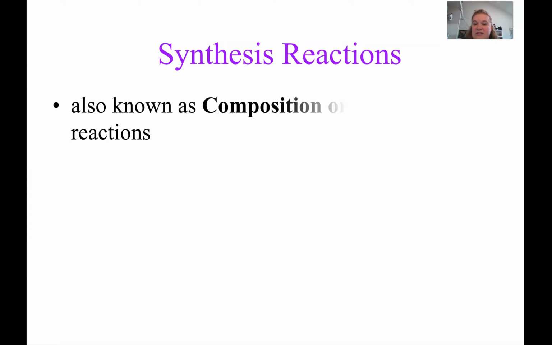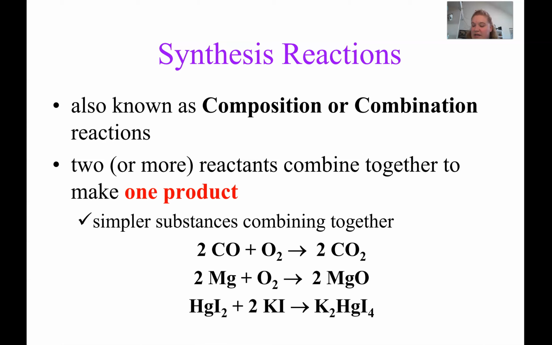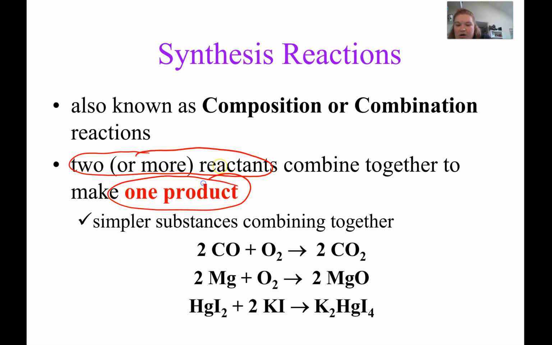So first is synthesis. They have more than one name, of course, so they're also called composition or combination reactions. Here's how we identify them. We're going to start with 2 or more reactants and make one product. So if you look at all those examples down there, they each have 2 reactants, but only one type of product. So I like the name combination the best, but it's probably used the least because I feel like it's telling us what's happening.